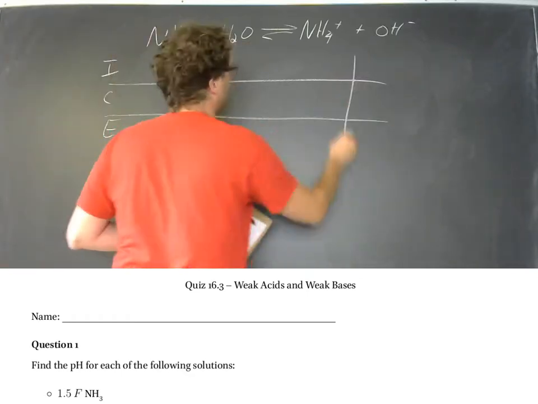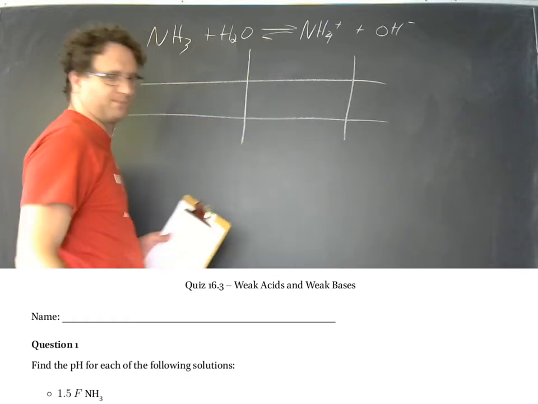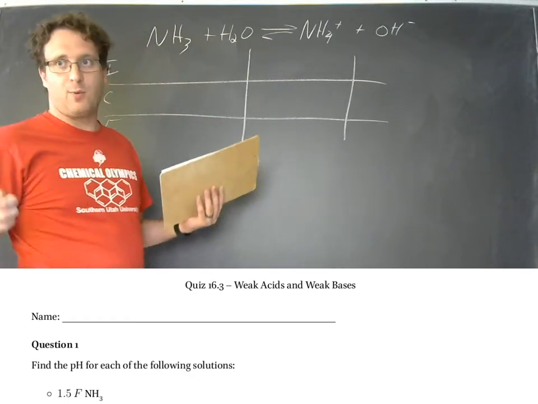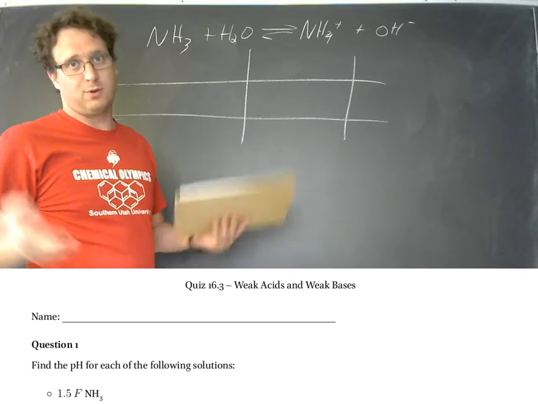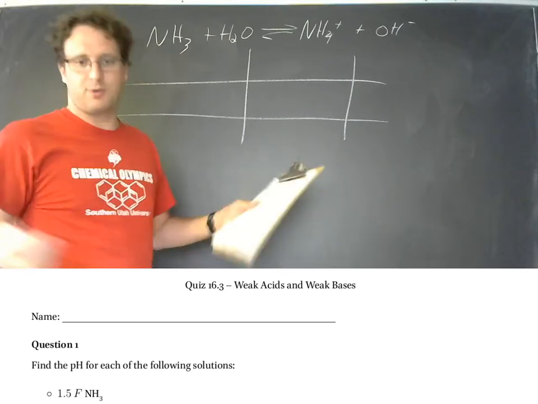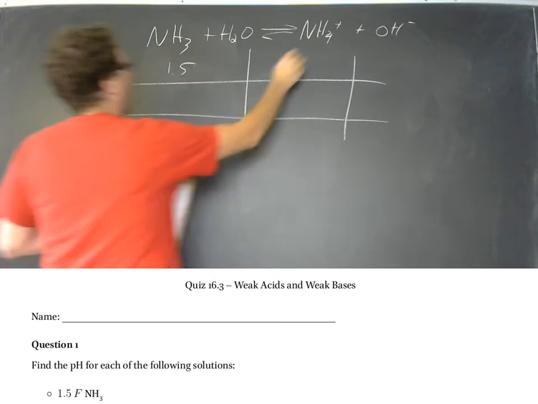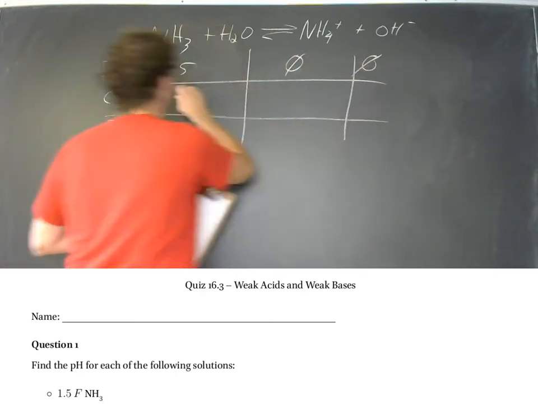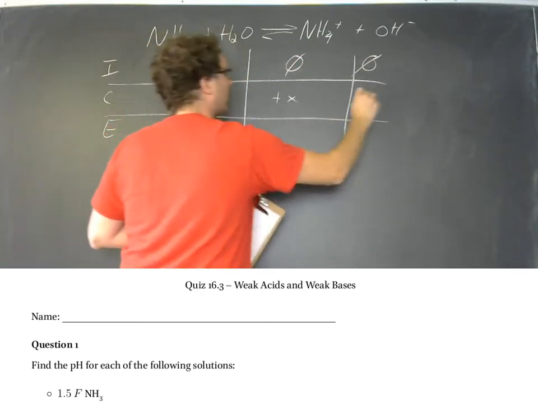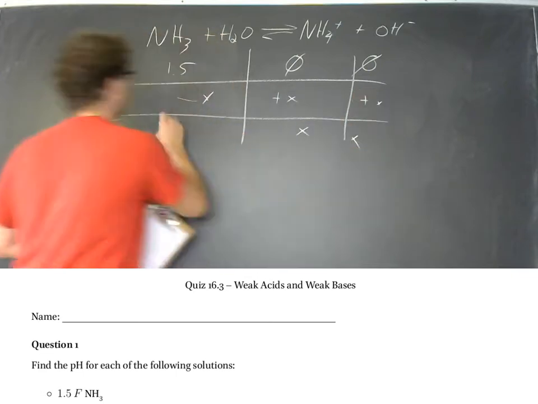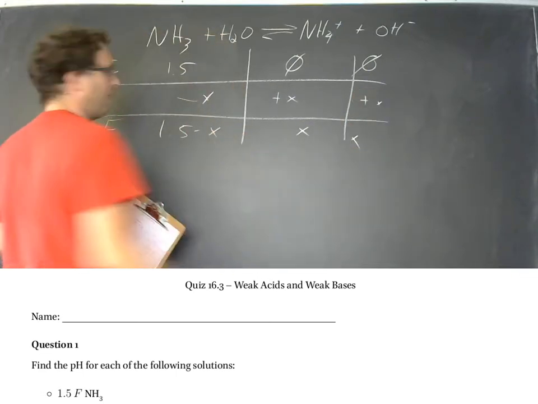And hopefully by now you're starting to have some intuition about what the equilibrium expression will look like at the end. But we'll go through all the steps, we'll just do it quickly. So we have 1.5 and 0 and 0, minus x plus x plus x, x, x, 1.5 minus x.